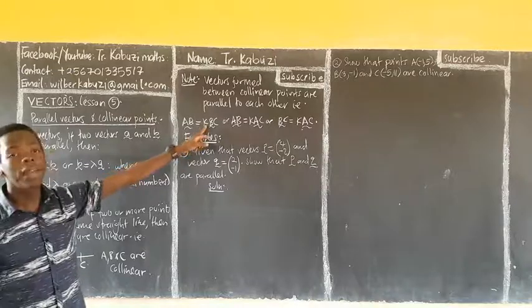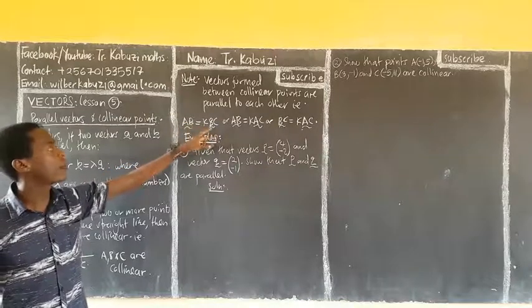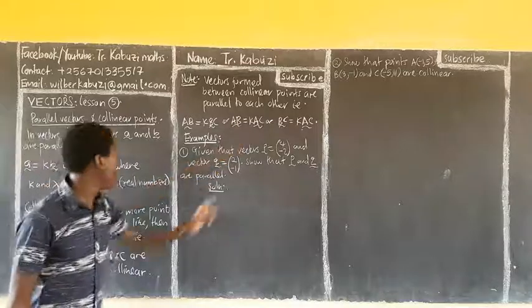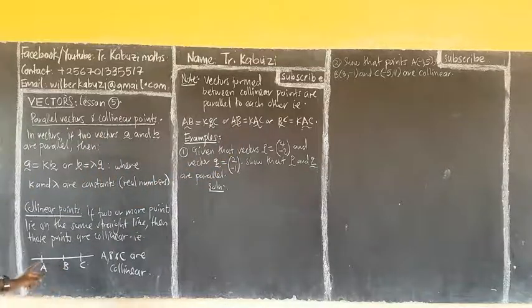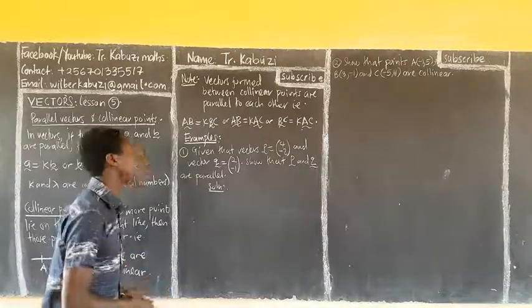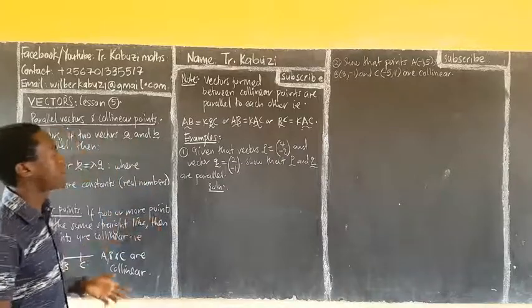That's why you see that we have a constant here. So AB will be parallel to BC, or AB will be parallel to AC, because AC is also a vector formed between A and C. Or BC will be parallel to AC. As simple as that. That's what we mean if two vectors are parallel, or if three points are collinear.